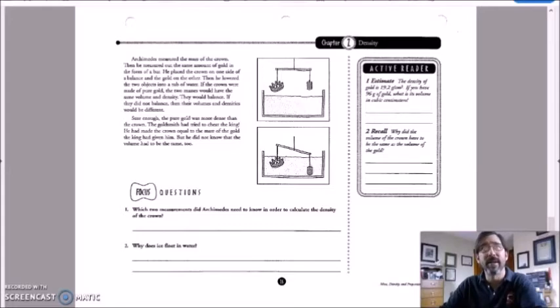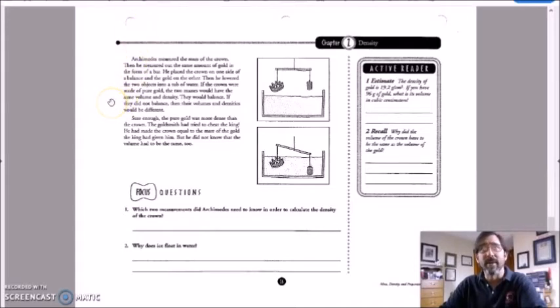Then he measured out the same amount of gold in the form of a bar. He placed the crown on one side of a balance and the gold on the other. He then lowered the two objects into a tub of water. If the crown were made of pure gold, the two masses would have the same volume and density. They would balance.